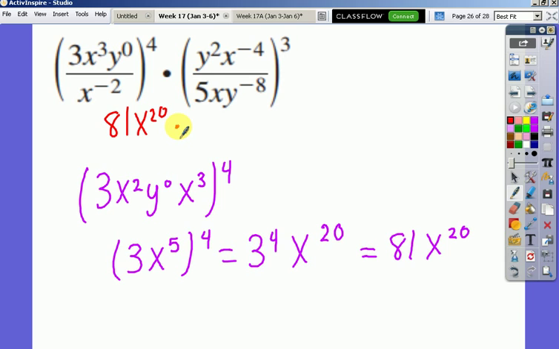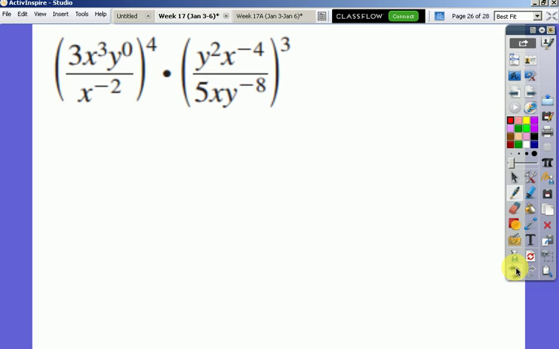Awesome point. Yeah. Okay. Great question. Any others? No. Let's look at the other side. And I rewrite the 81x to the 20.